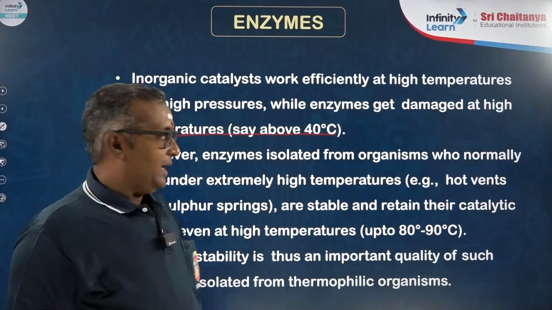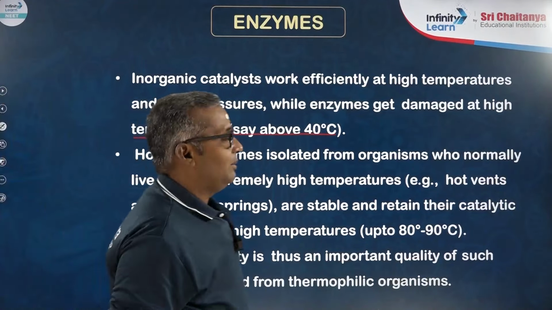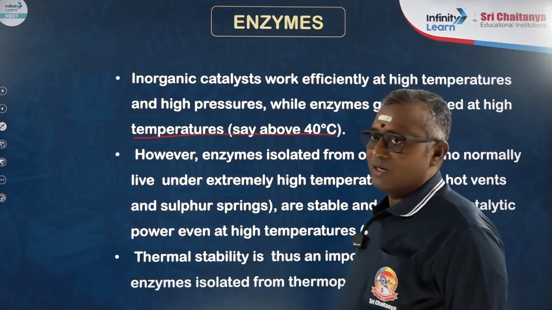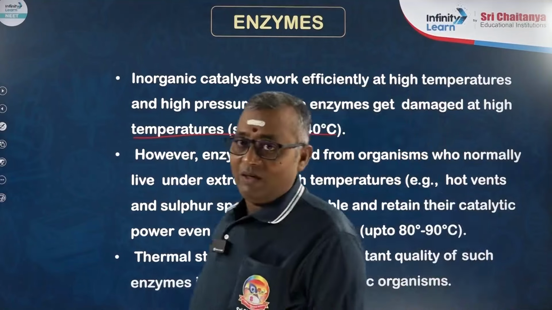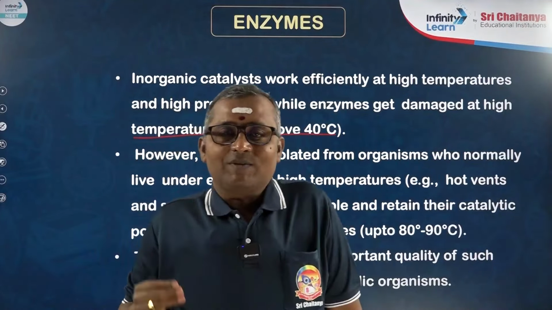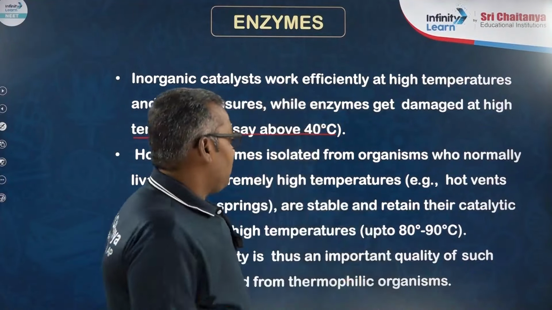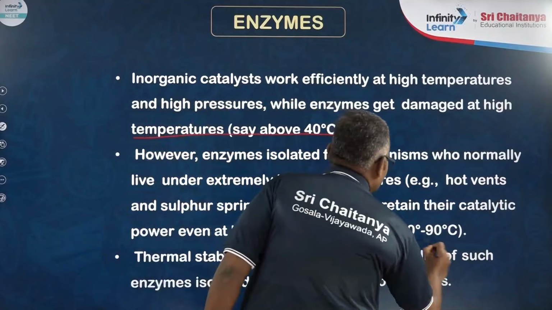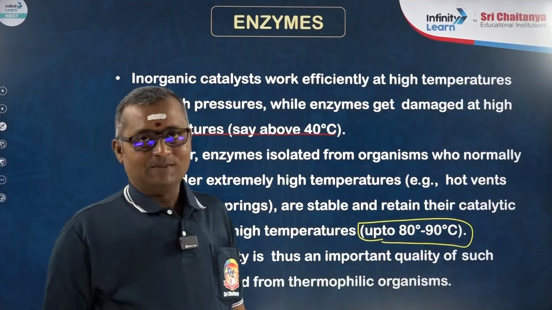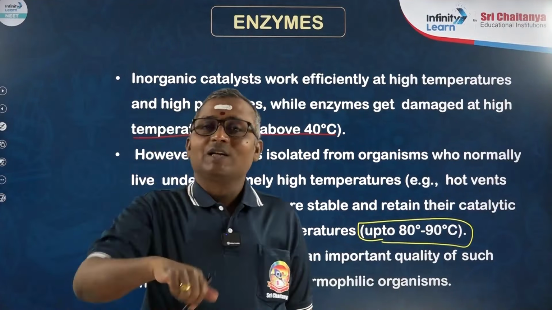Therefore, enzymes can be considered thermolabile because they get denatured above 40 degrees Celsius. However, the enzymes of some organisms, say thermophilic organisms which live in hot vents or sulfur springs, remain stable even at high temperatures like 80 to 90 degrees Celsius. That means thermal stability is one of the important qualities of such enzymes.